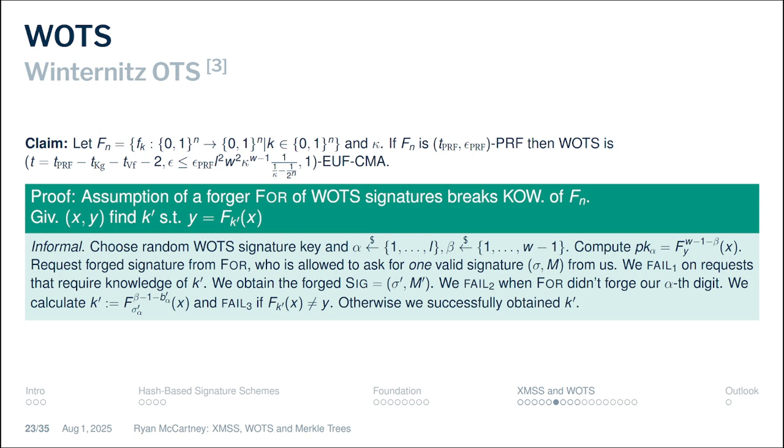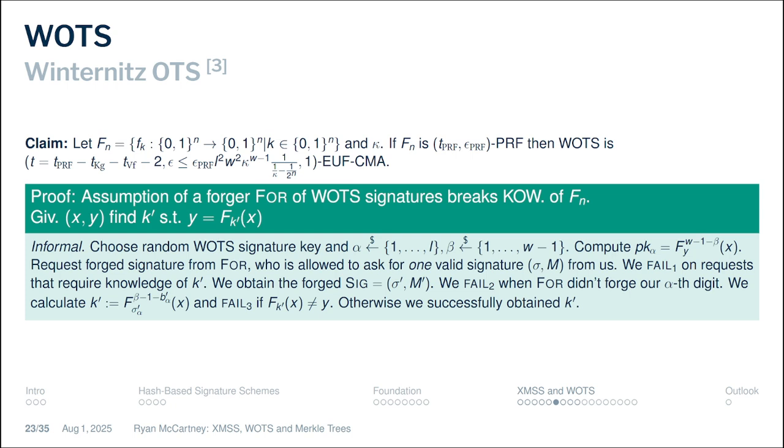Informally, we can formulate this proof as first picking a uniformly randomly chosen alpha and beta, alpha from the set 1 to L and beta from 1 to W minus 1. In principle, we construct the first correct instance of WOTS, but we do one thing different: we inject our Y value into the public key of index alpha.